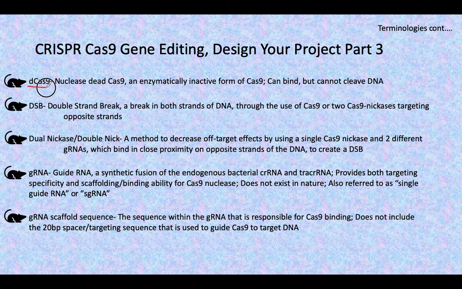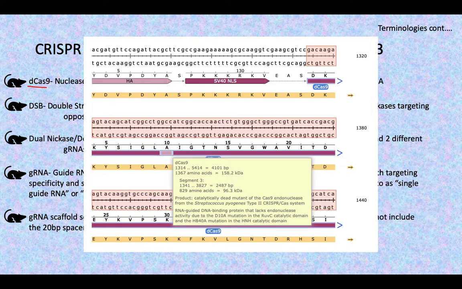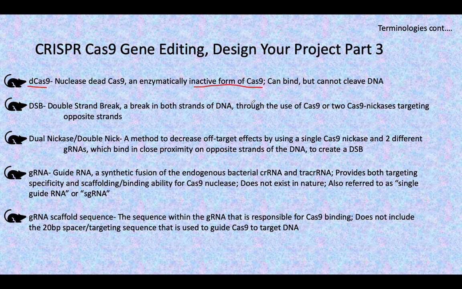Next is dead Cas9, dCas9. These are the formats of the Cas9. One is wild-type Cas9 that can cause double strand breaks, meaning it can cleave both strands of the DNA, both backbones of the DNA. But dead Cas9 is an enzymatically inactive form of Cas9. It means the nuclease activity of the Cas9 has been deactivated.